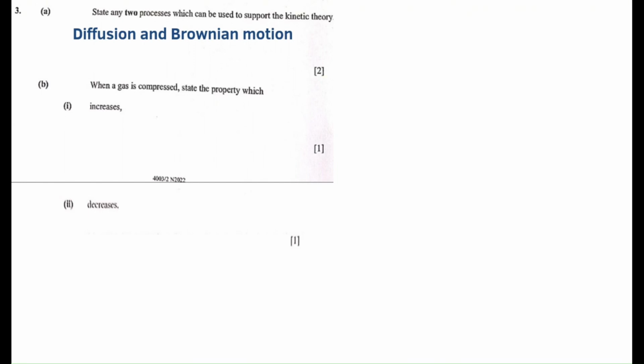But by reducing the volume, you're going to increase the pressure because the particles are going to be closer together in a small volume. When you increase the pressure, the temperature is also going to increase because the molecules will have more chances of colliding against each other. So the pressure and the temperature increase and the volume decreases.